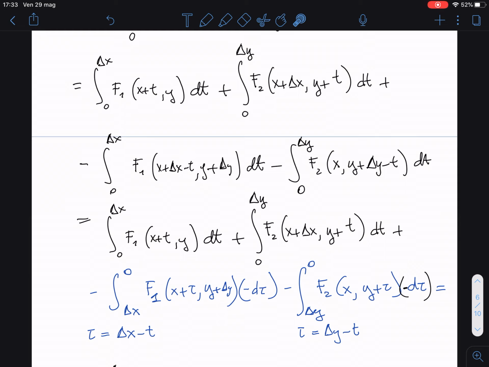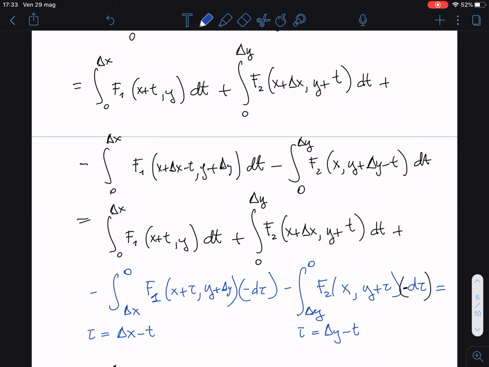This is x plus delta x. This is not an essential mistake, but this is x. Are we sure? Oh, no, sorry, it's x. It's correct because it comes from here. x, not x plus delta x. So I rewrite it as before.